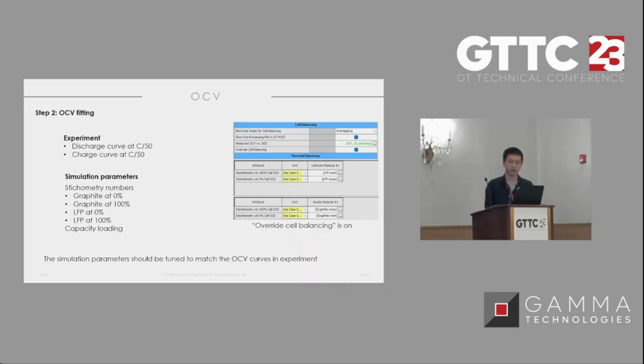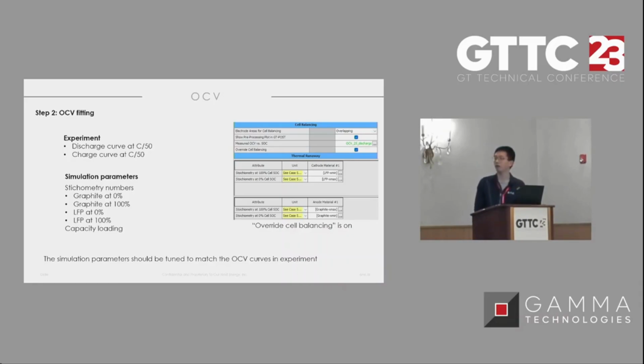So in particular, we have the four parameters in the simulation: the graphite at 0%, graphite at 100%, and LFP at 0%, LFP at 100%. In Mr. Milano's presentation, they were X up, X low, Y up, and Y low.